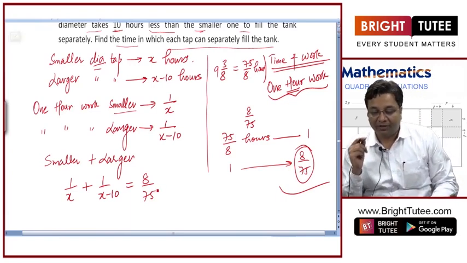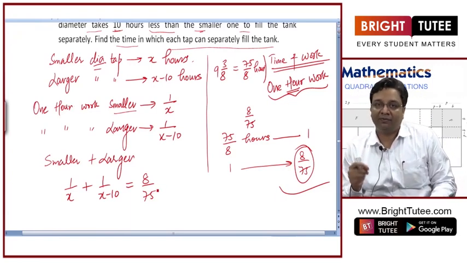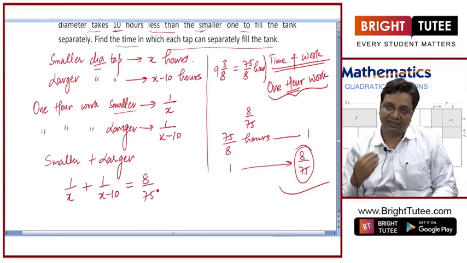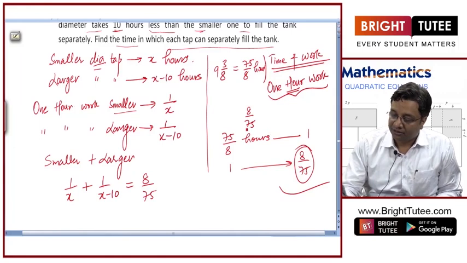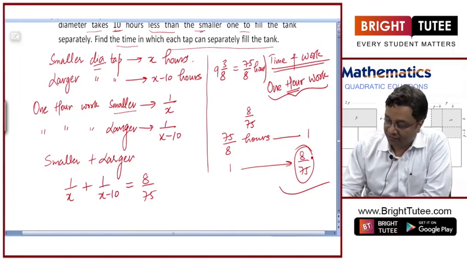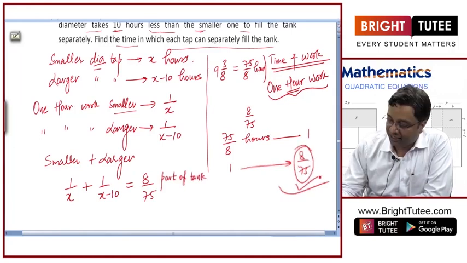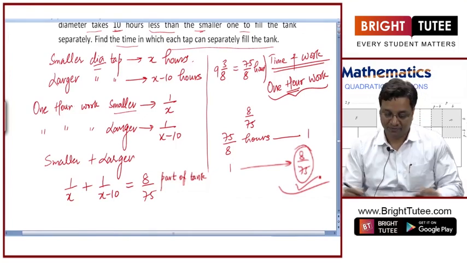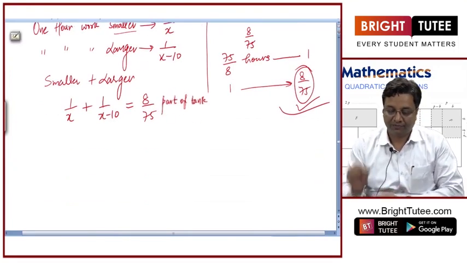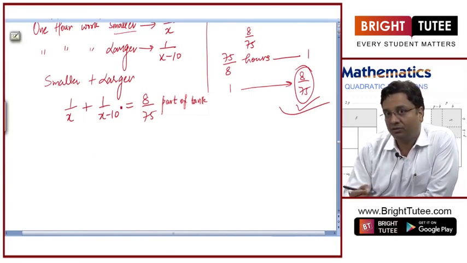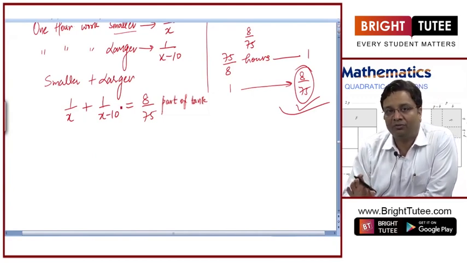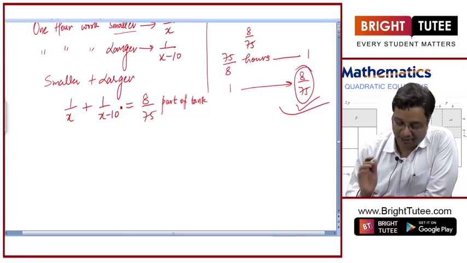So we calculated the 1 hour work of the smaller diameter tap and of the larger diameter tap, and it was given that collectively they do 8 by 75 part of the tank in 1 hour. So this is the mathematical form of this question. Now we can convert it into a quadratic equation and solve it by the various methods that we already know.